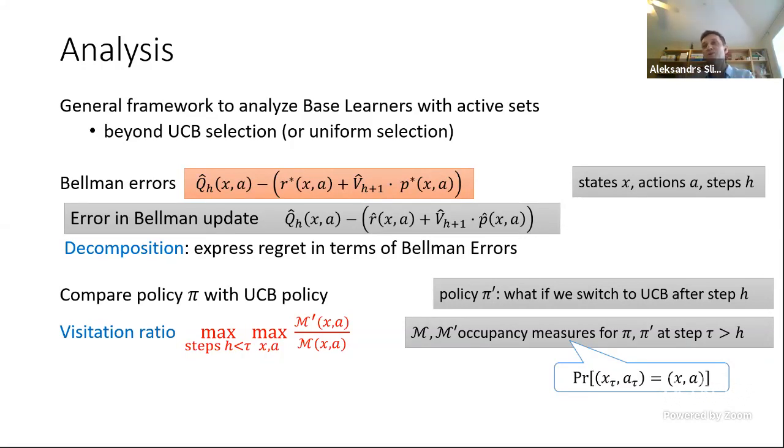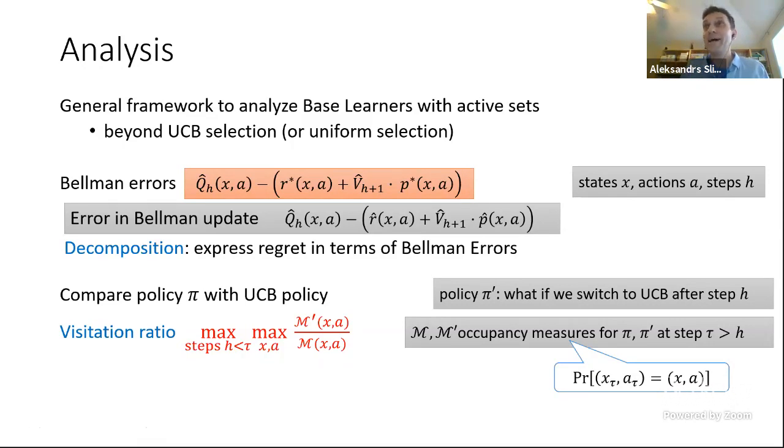You can look at it as a change of measure. We want to change one occupancy measure into the other, we pay a penalty, and we are trying to upper bound that penalty. That is somehow the key quantity in the analysis: this ratio.